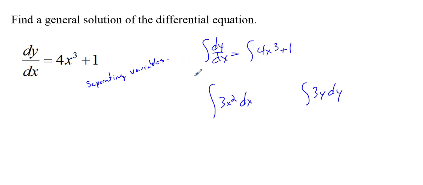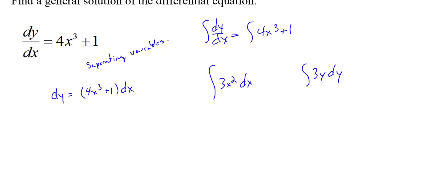This is an important step on an FRQ on the AP exam. So we're going to multiply both sides by dx. So we'll have dy equals, now this is a whole quantity, this is the entire side we're multiplying by dx, so 4x cubed plus 1 dx. So first we need to separate our variables, and then we can take the antiderivative of both sides.